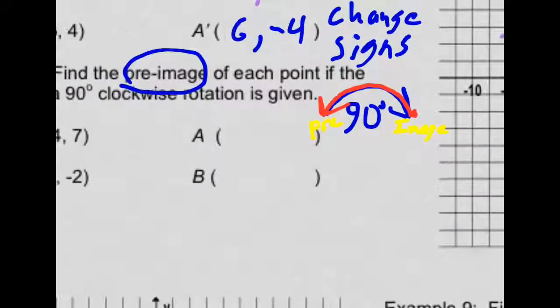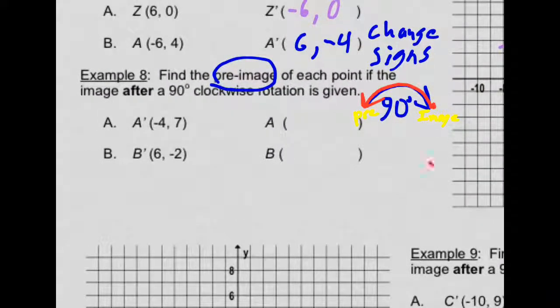So how do we get from our image to our pre-image? Well, we just reverse it. We go 90 degrees counterclockwise. Start with our image, and then 90 degrees counterclockwise to get to our pre-image.